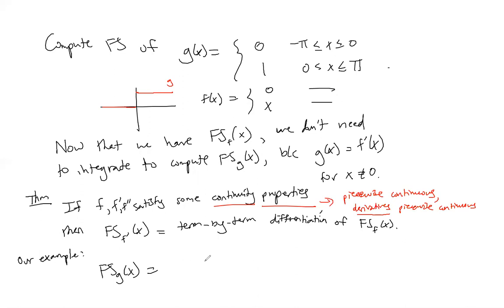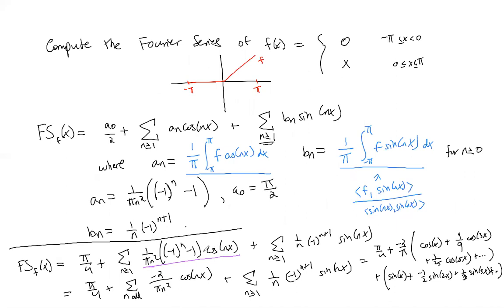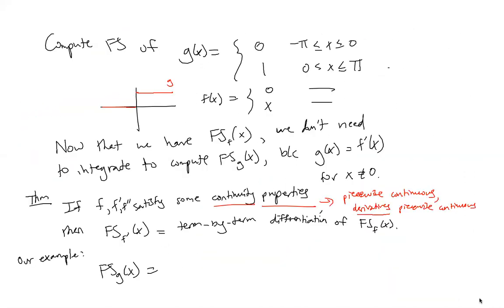Okay, so yeah, you just take the derivatives. I guess I already lost what they were. Sorry. So the coefficient of sine will be n times this, and the coefficient of cosine will be n times this. So n times 1 over pi n squared.